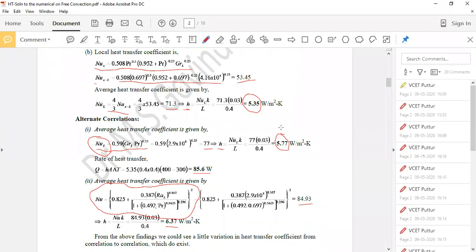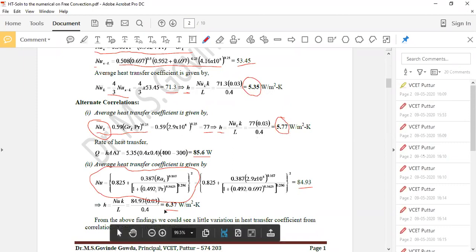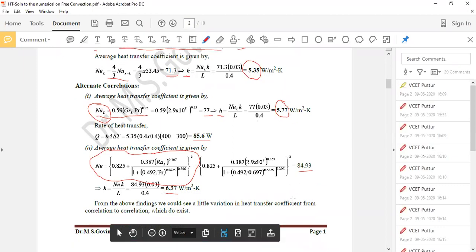So for your clarity, I have presented here 3 different correlations mentioned for laminar region, and one will give the average heat transfer coefficient 5.35, another one will give 5.77, and this will give 6.37.